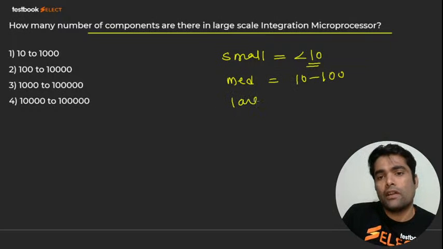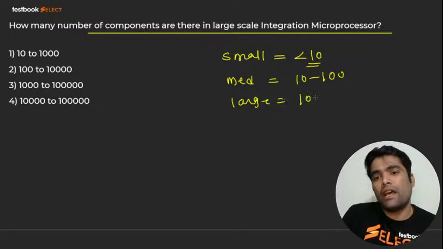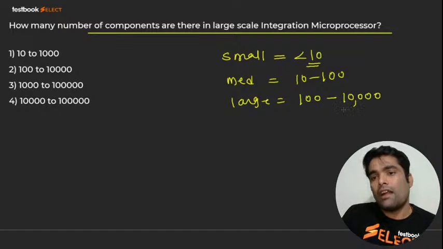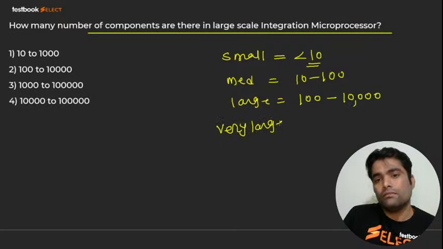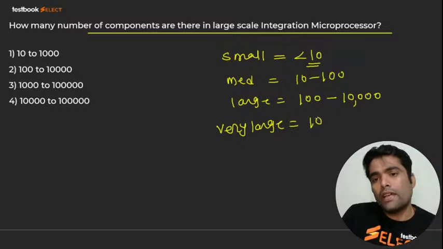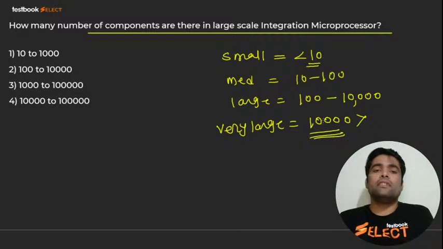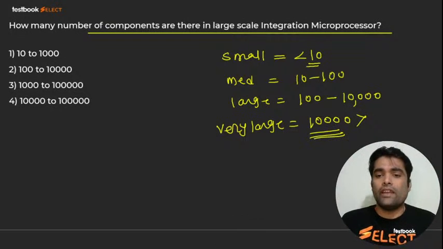Large has 100 to 10,000. And very large has more than 10,000.